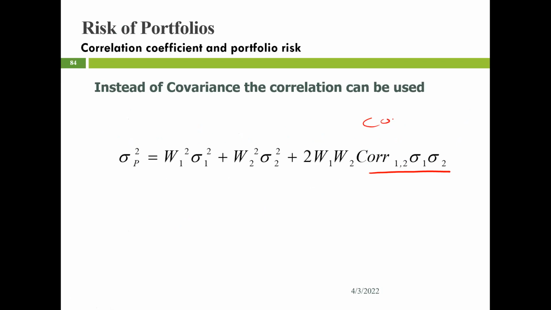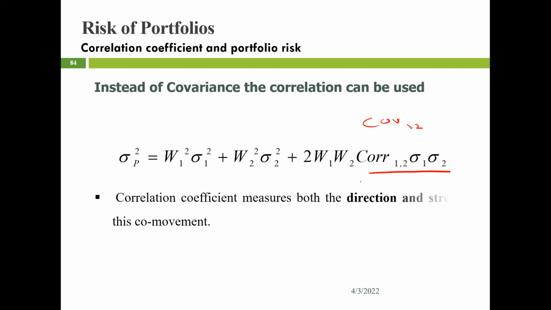Covariance of stocks 1 and 2 is equal to the correlation coefficient of the two stocks' returns times standard deviation 1 times standard deviation 2, for X and Y. So now you can see I have expanded the double summation equation using this part. Nothing difficult, right?